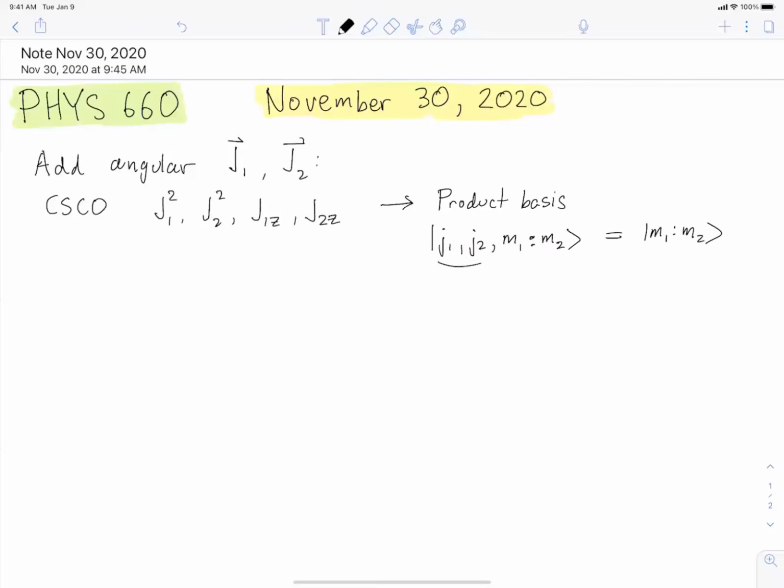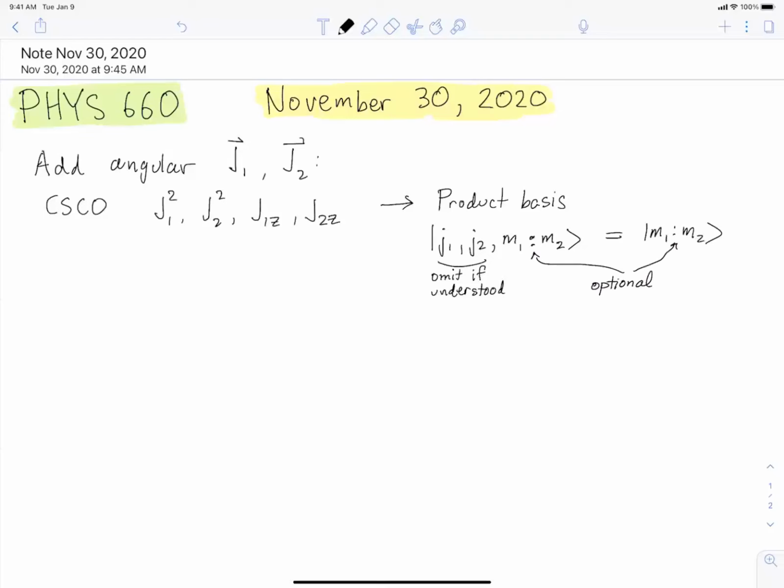These we omit if they're understood. For example, if we're doing a lot of things with the same J1 and J2, we don't want to write them every time. And then the colon is optional if you need it to distinguish from the other basis that we're about to write.